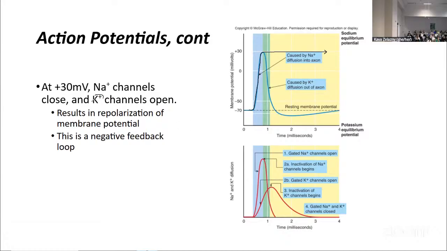Then the potassium channels opening cause potassium to leave, which is what pulls this line down. There's a subtle difference between what's going on with the sodium and the potassium, and they work together to produce this overall effect. This part is basically a negative feedback loop, because we've seen a spike to positive 30, and now we're coming back down towards our original state, towards rest.